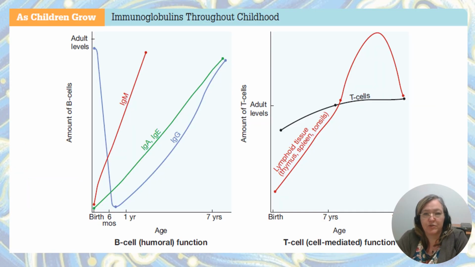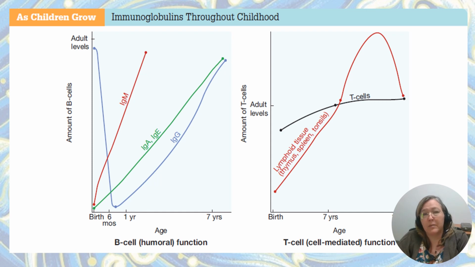This visual really shows you how long it takes the infant's immunity to get up to a serviceable level. As you can see on here, the baby has IgG a little bit at birth, and then it drops way off within the first 8 months, and then it has to climb back up also, and the rest are starting from 0.